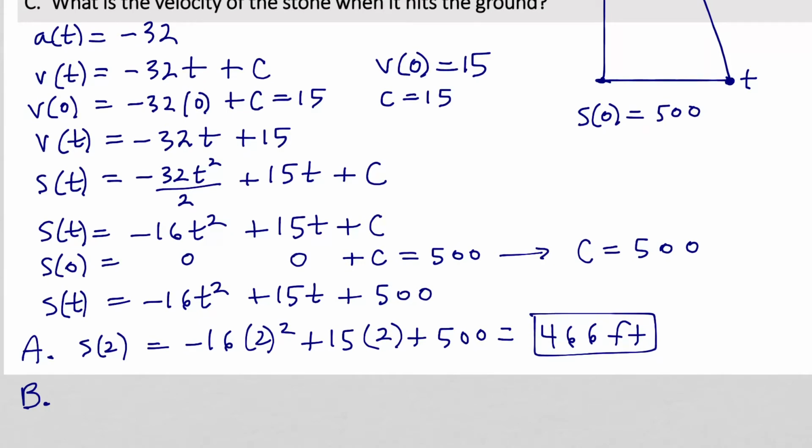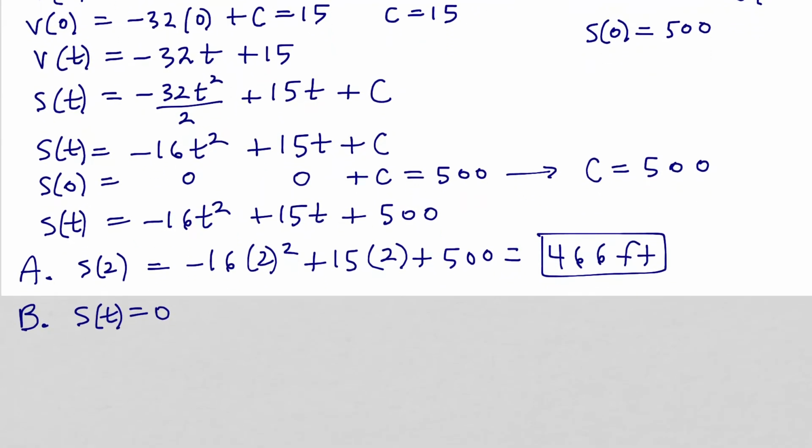So S of t is negative 16t squared plus 15t plus 500 is equal to 0. This is going to require the quadratic formula. So I'm just going to take my negative out here, divide through.